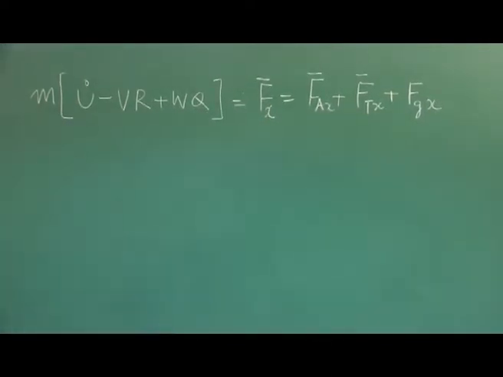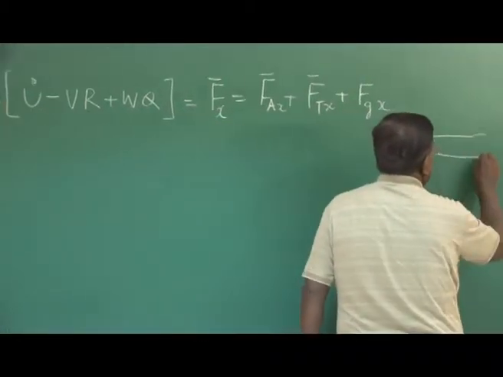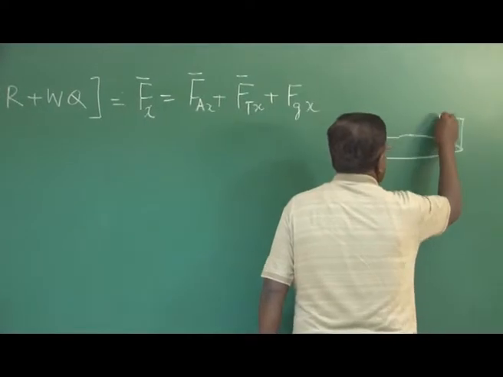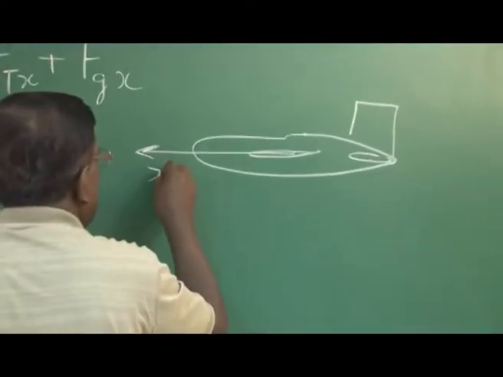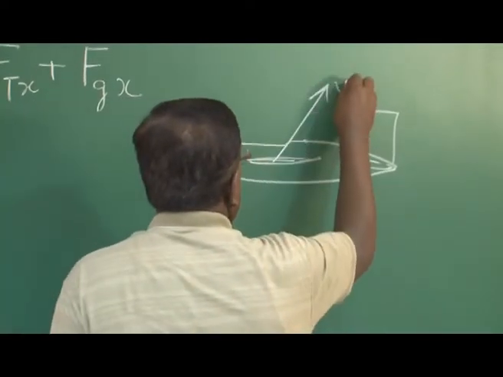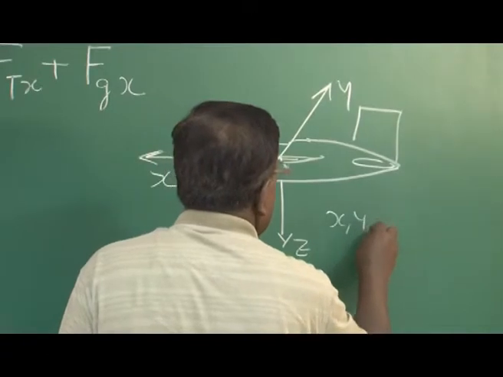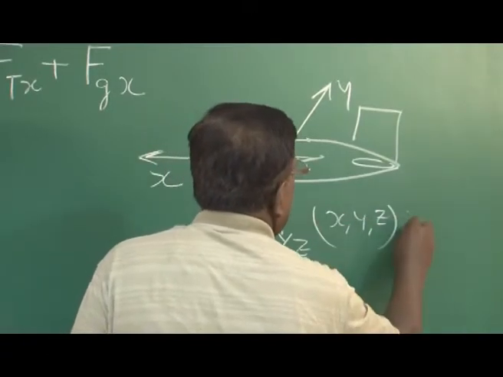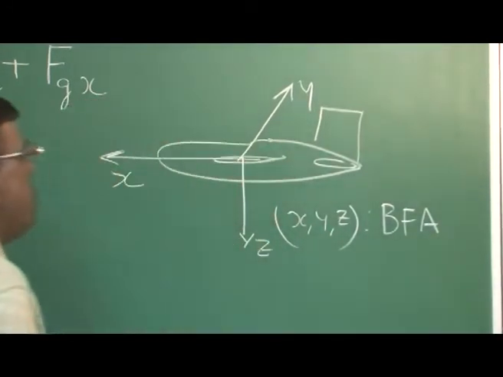What is this x? Please understand, this is the body of our aircraft, and this x, y, z, they are the body fixed axis system. What is the implication of that?